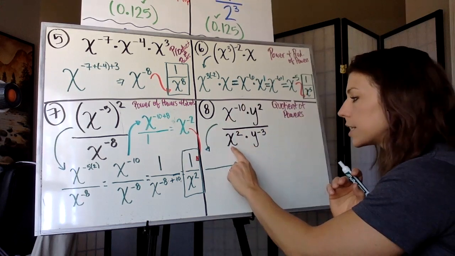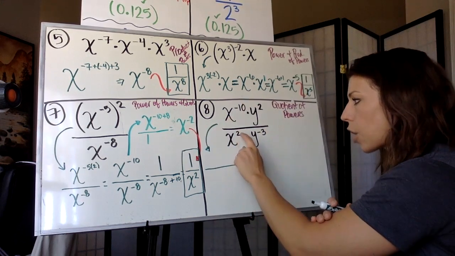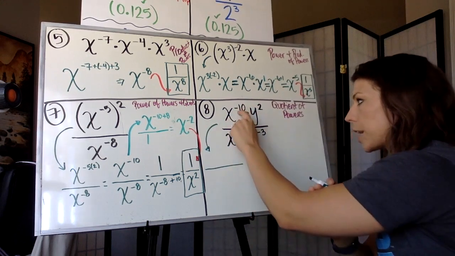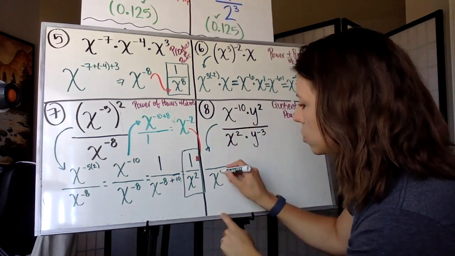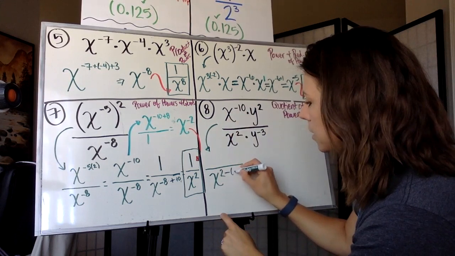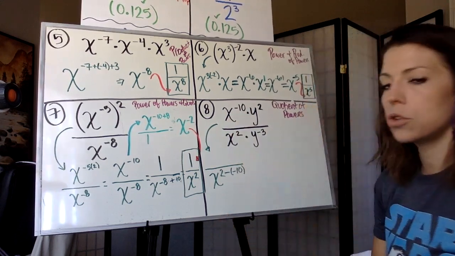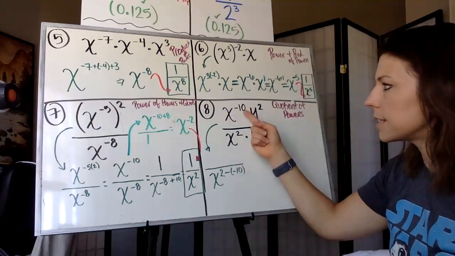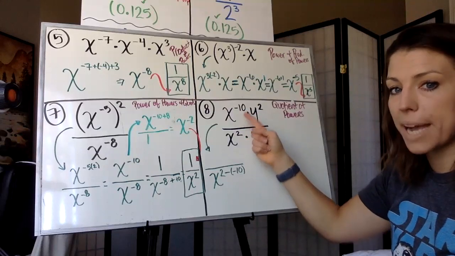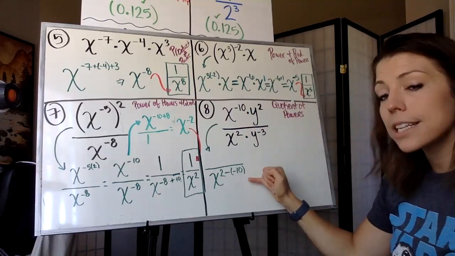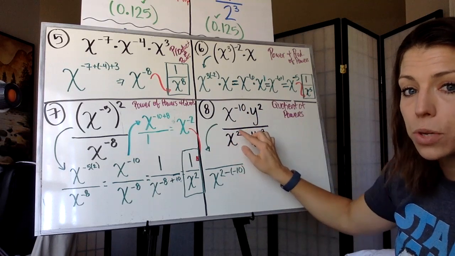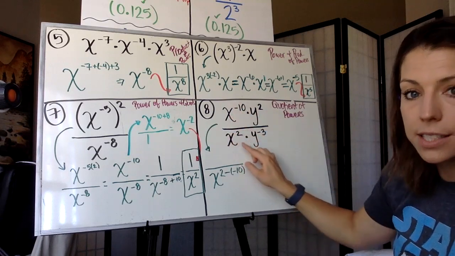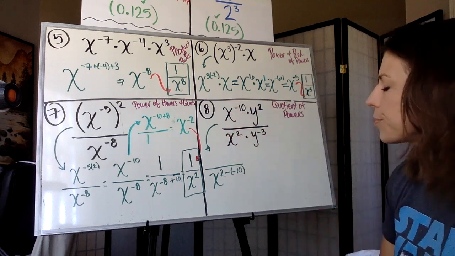So my x's are going to stay in the denominator because there are more. 2 is greater than negative 10. So that means we're going to subtract 2 minus negative 10. Notice it's not 2 minus positive 10. This is a negative, so we're doing 2 minus negative 10. And why is it in the denominator? Because that's where the greater number of x's are. If there's 2 here, there's negative 10 here, this is greater.